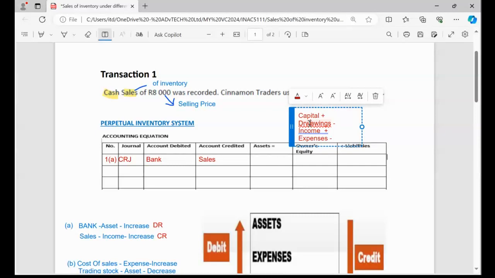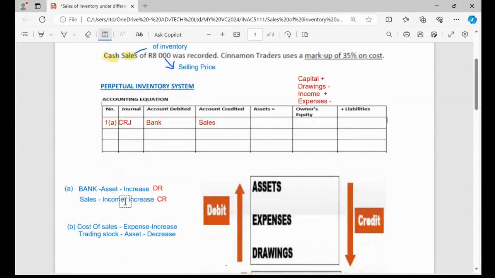You must check which ones have the positive impact and which ones have the negative impact. You can use this technique: you only affect owner's equity if you see these things. If you don't see them, don't come to the owner's equity. But now I'm seeing an income, so I'll come to the owner's equity. I won't come to the liability, I'll just put 0 so that I cannot make a mistake. Can you see now?